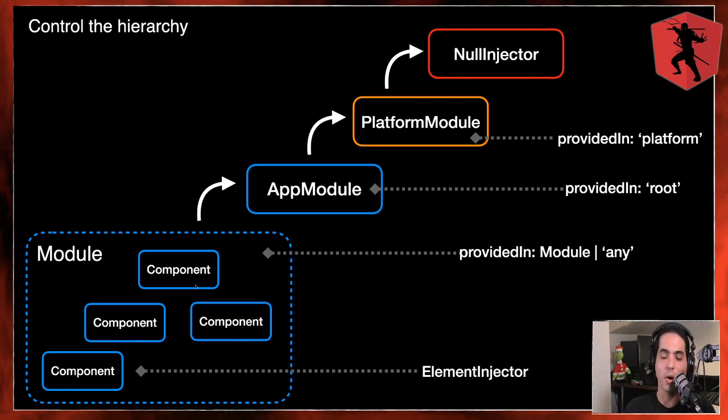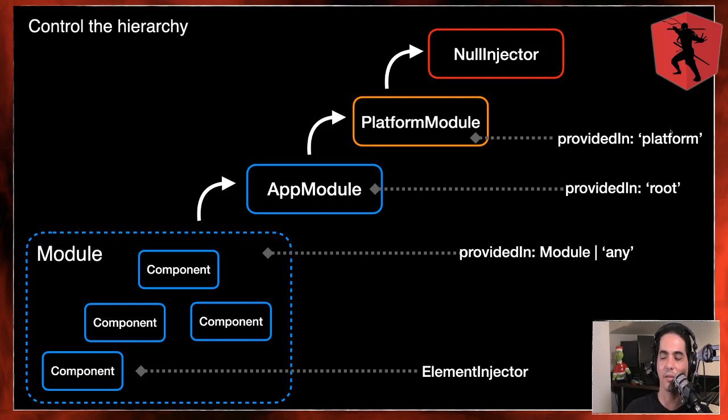So in most typical apps, most of our services will be registered at the root level, because singletons are our friends, and we've got a bunch of use cases to create those instances only once at the root level, so everyone will enjoy it.